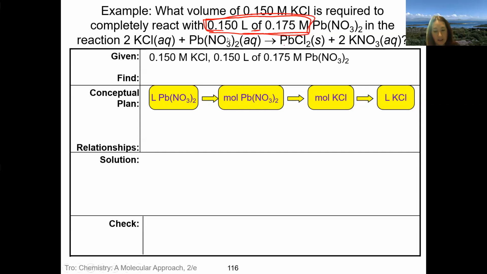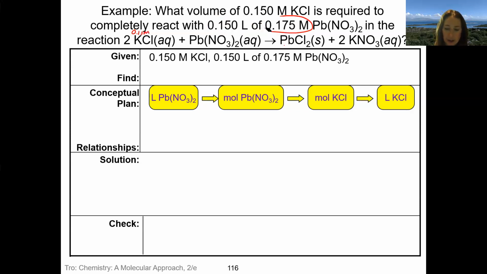So when we look at what we have, we have three things, and we have our balanced chemical equation. I always tell people, when you have a balanced chemical equation, use it. It's like a roadmap. So if we look here, we have this many liters of this molarity of PbNO3, which I don't really have enough room to write, but these two are both PbNO3, and 0.15 molar is KCl.